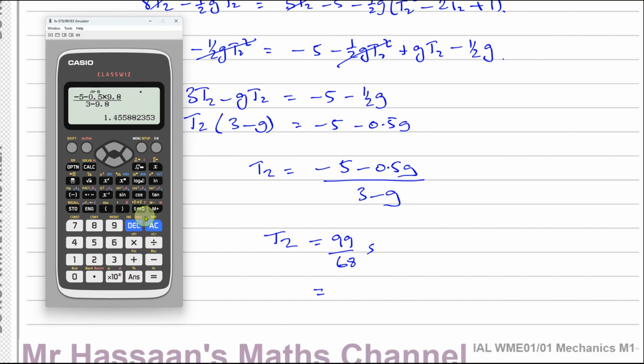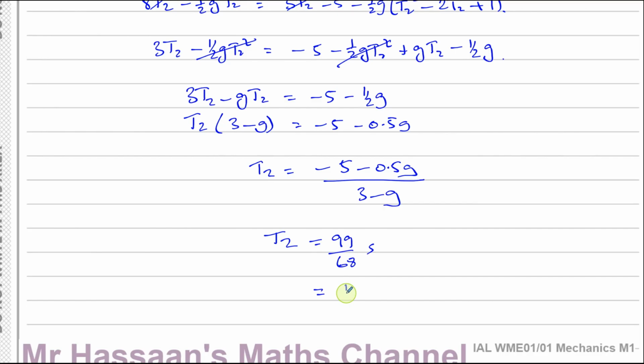So we can write this as 1.4, 1.5 if you wanted to, or 1.46. So it comes out as 1.4558. So we could write the answer like this, or we could write the answer as 1.5 seconds, or we can write the answer as 1.46 seconds. I normally would stick with the 3SF version, but all of those three would be correct answers for this question.